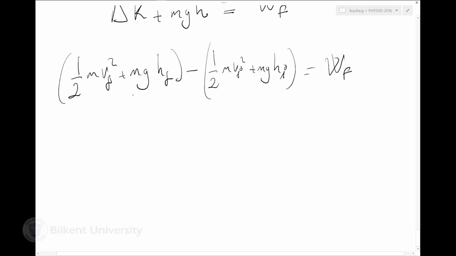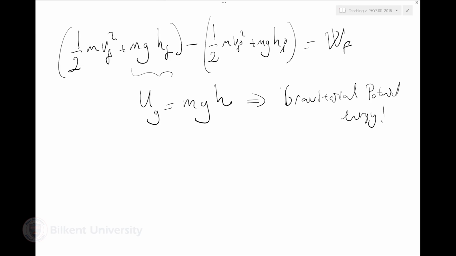So what's my new object? I'll call this total mechanical energy, kinetic plus gravitational potential energy. The change in my total energy is work done by all other forces other than gravity.